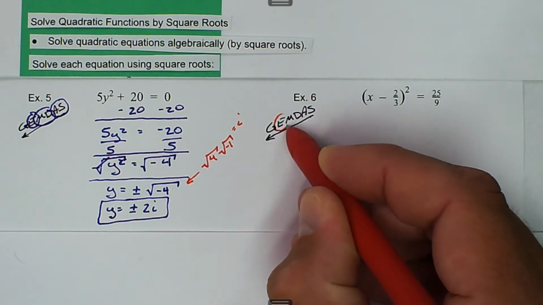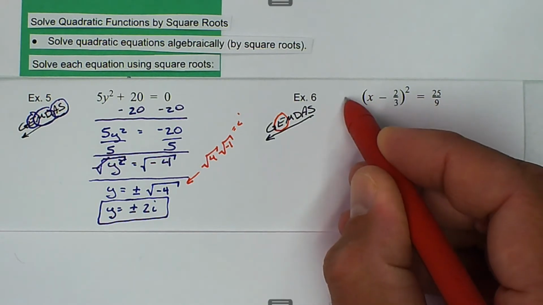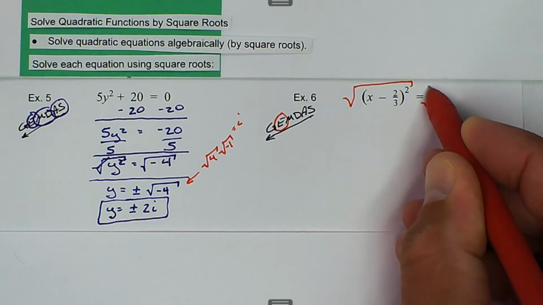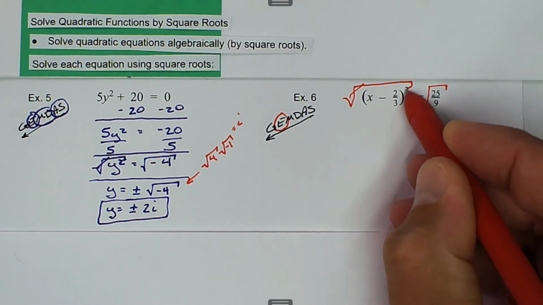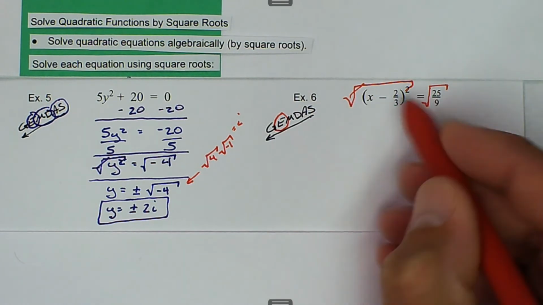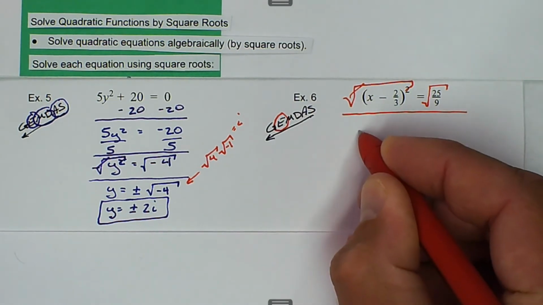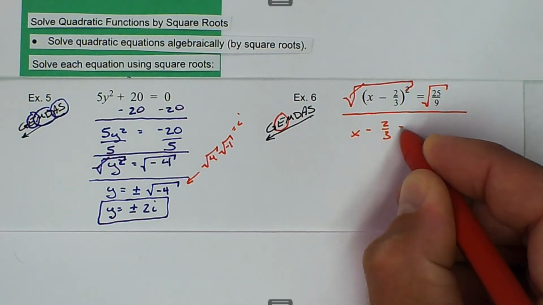So the first thing we're going to come to is the exponent. And the way to get rid of the square is to take the square root of both sides of the equation. Over here on the left, the square root cancels the square. And then we're left with x minus 2/3.